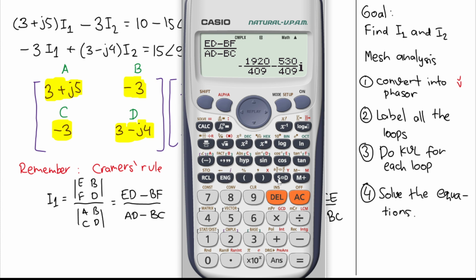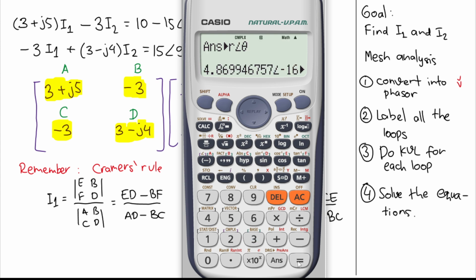To see that, we can use the SD button. That gives the Cartesian form, but usually for current we need the polar form, so we shift and get the complex option, number 3 here.